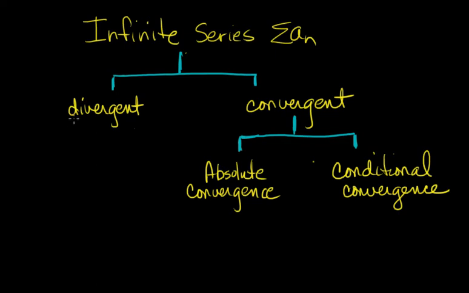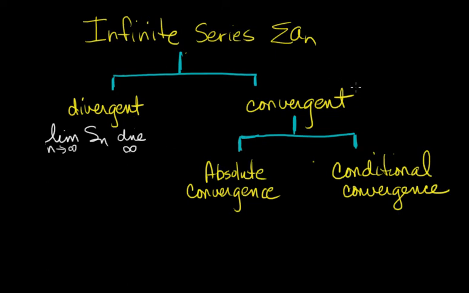We know that if a series is divergent, that means the limit of its sequence of partial sums does not exist, or it might be infinite, but there is no finite limit.